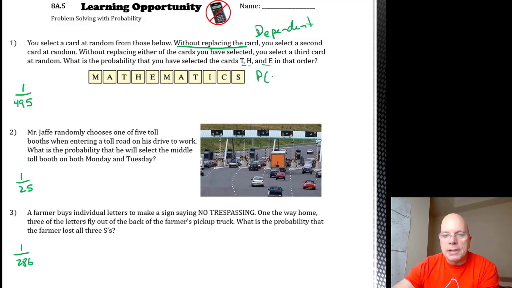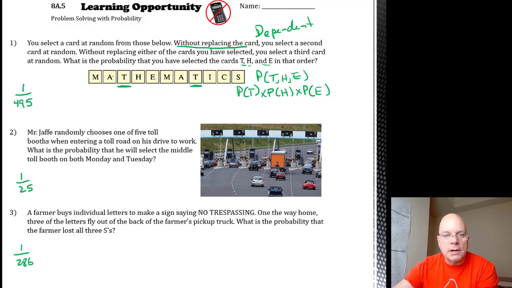It's going to be the probability of T, H, E without replacing the T or the H after I pick the T and then the H. So it's the probability of T multiplied by the probability of H after T multiplied by the probability of E after T and H. So the probability of T, there's more than one T.